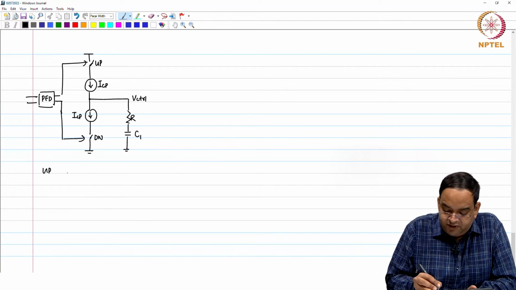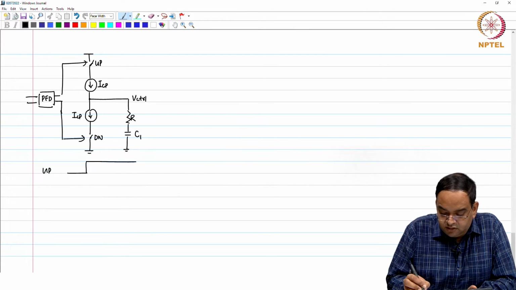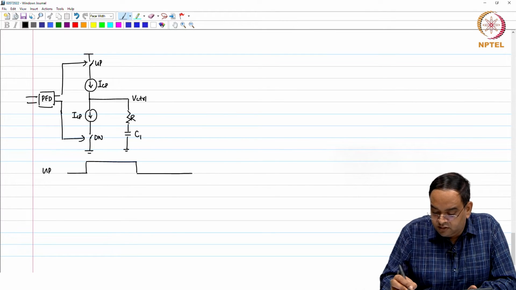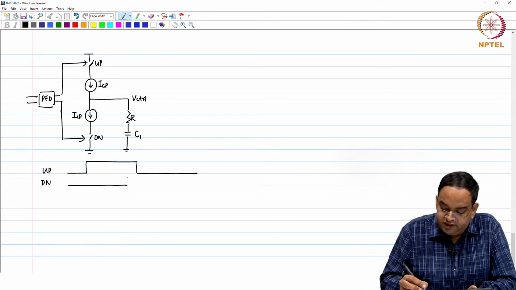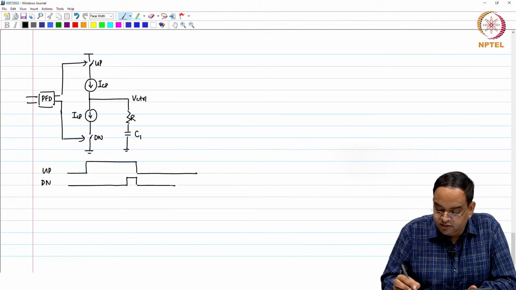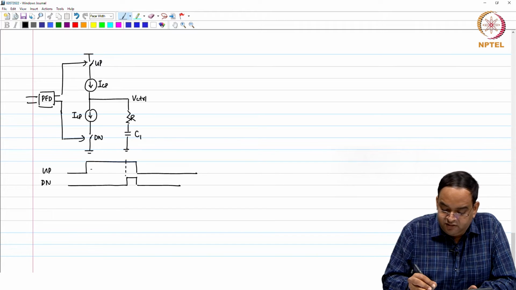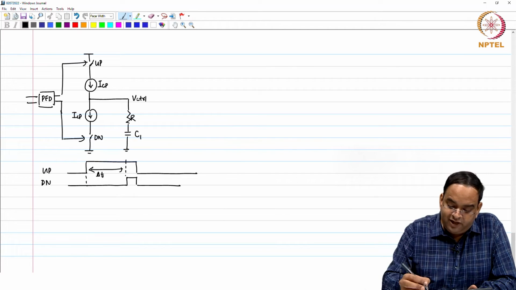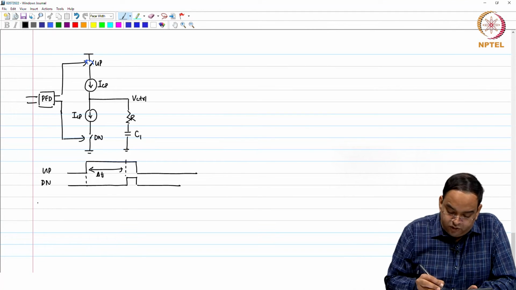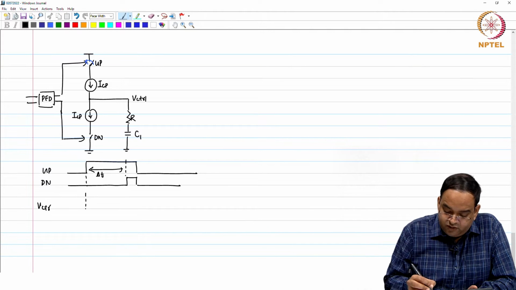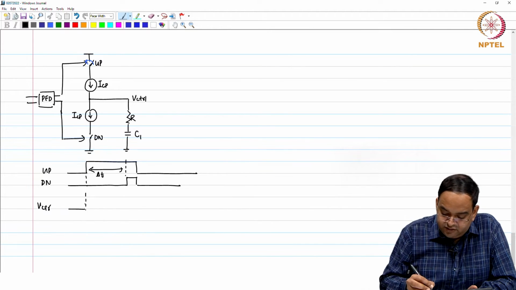So, if my up happens to be like this, okay, and down signal is like this, these are amplified up and down signals, this is actually my phase error or delta t error. So, what will happen here is when up signal is high, your switch is going to be closed from the top side, your V control voltage will actually increase. Okay, it will increase like this.